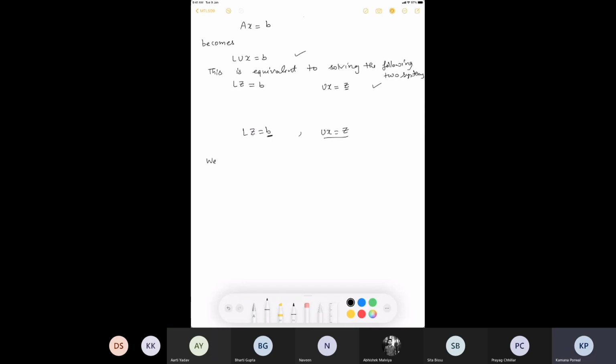So we are going to first solve the lower triangular system Lz equals b for the vector z.